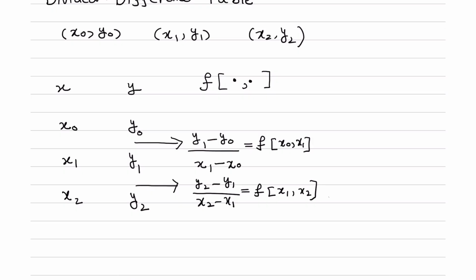Okay, so look at this third column again. The first divided difference that you get has the notation f of x0 x1. The next value has the notation x1 x2. So from the previous notation you drop x0, continue with x1, and the next x is x2.